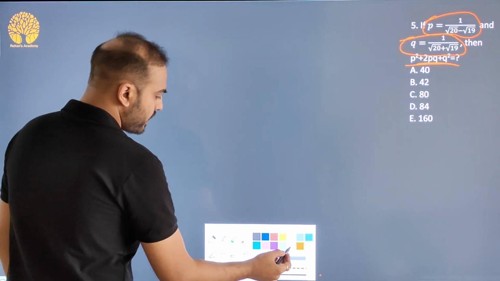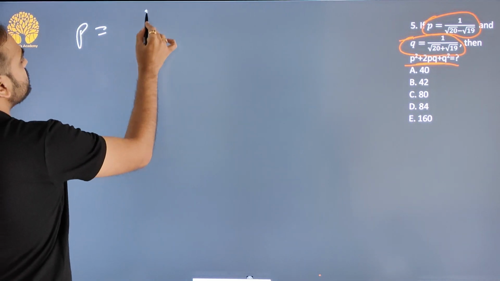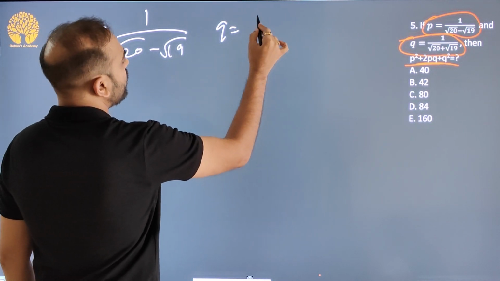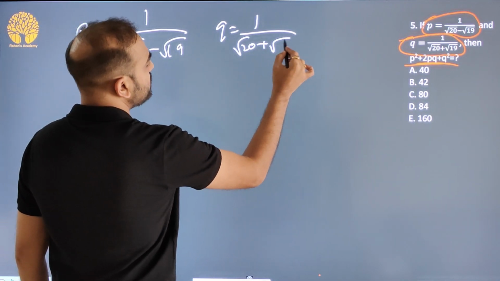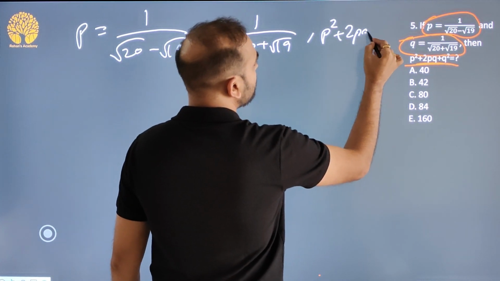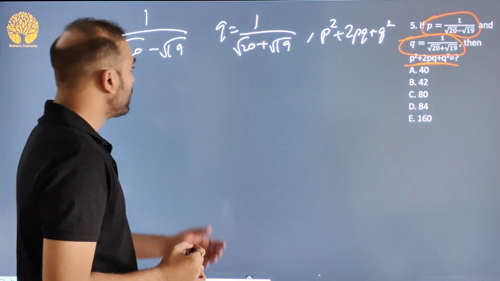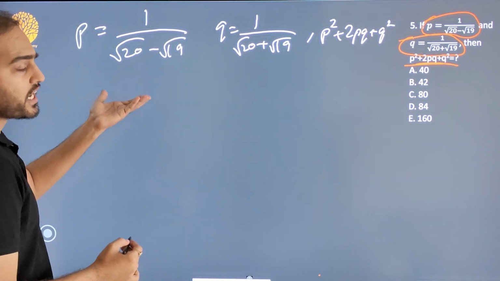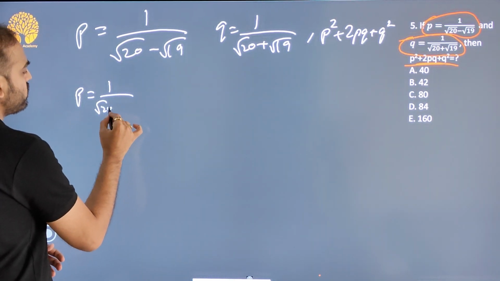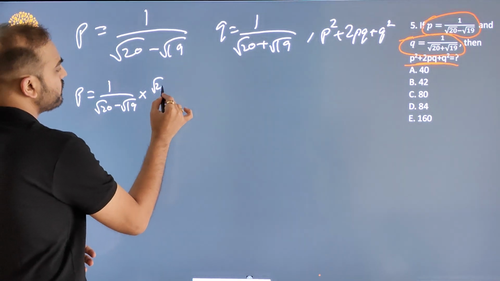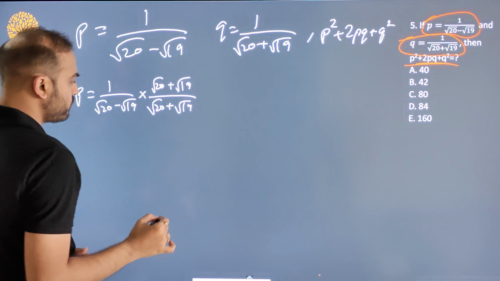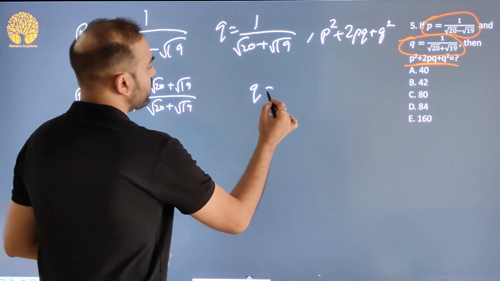You see denominators, rationalize it. So this gets multiplied by root 20 plus root 19. We'll solve Q later.